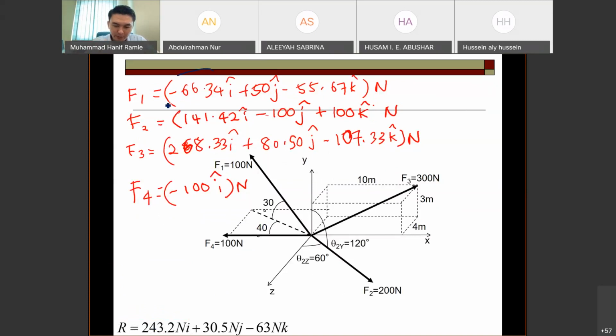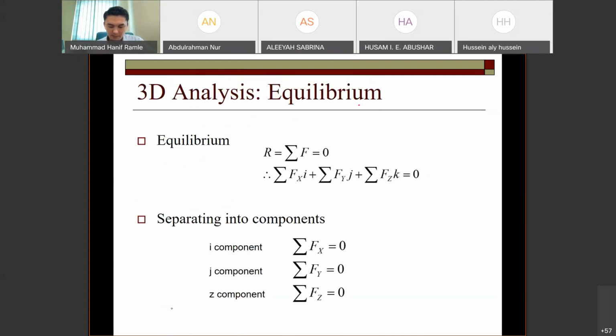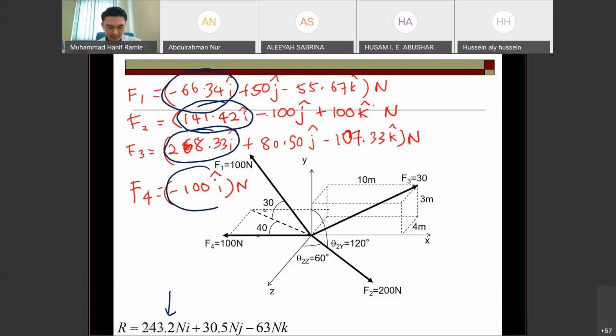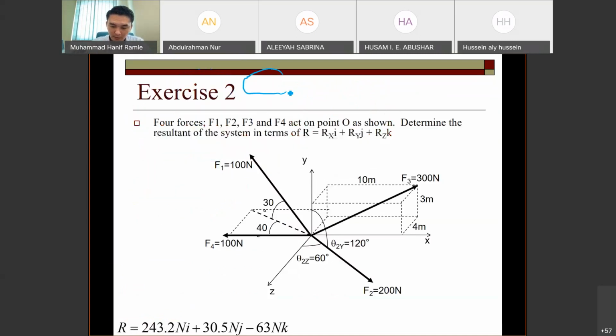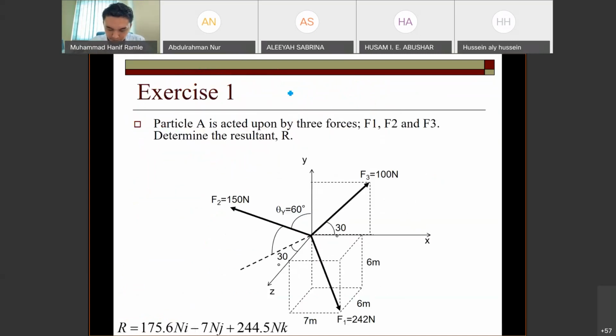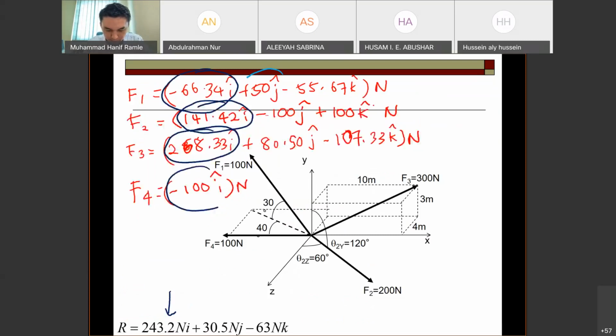So you have to sum up the x component. Sum up everything, then you will get this one. Do you get it? Yes, doctor. This one is correct. Okay, y component, you will get this one.